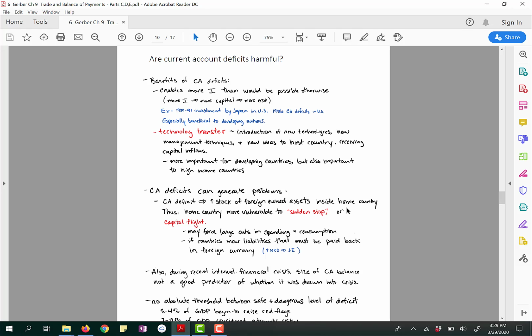If you've borrowed in dollars and your domestic currency is, say, pesos, then after a depreciation, you will need more pesos to pay back every dollar of foreign debt. So capital flight, in addition to lowering consumption spending and government spending, also can make it very difficult to repay foreign debt.